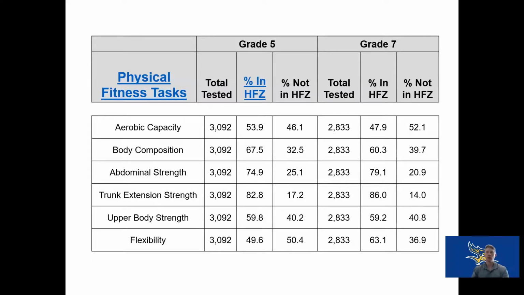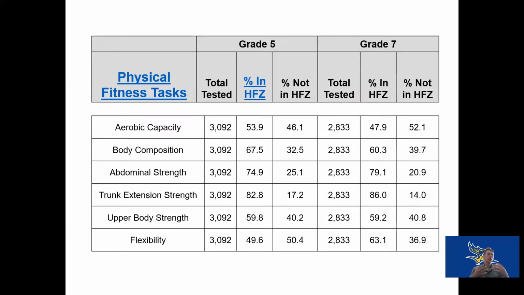All right, I also have some examples of these healthy fitness zones. So with these healthy fitness zones, we can look at the percentage that are and the percentage that aren't falling within the criteria. If you're interested in these, you can go back to the Cooper Institute and look at really where those standards are.